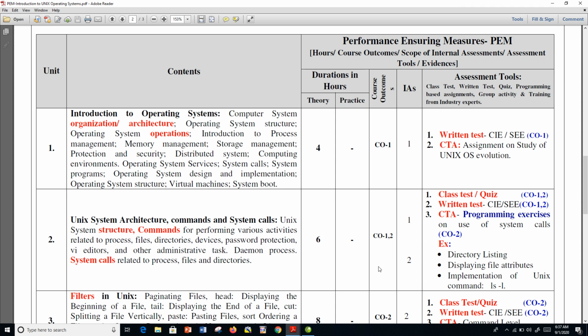So please don't ask any teacher about the portion for internal exams 1, 2, 3. It's a part of the syllabus. Accordingly, a teacher is supposed to cover it, and students are supposed to prepare. The number of hours, which course outcome, which internal exam, everything is written.